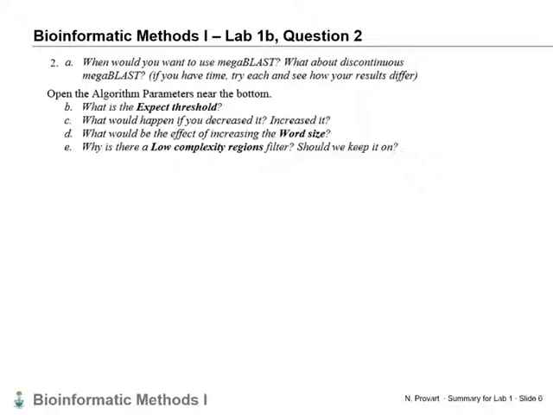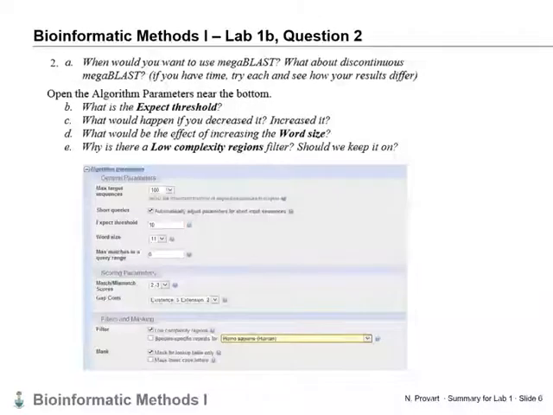And what we're looking at in question 2 is what is the expect threshold? So the expect threshold is the value below which, if sequences have an e-value that is better, that is to say smaller than that expect threshold, then those sequences will be returned in the BLAST search.